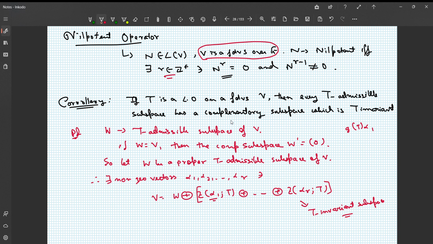Therefore, it's obviously T invariant, and here we have a direct sum. So this can be considered as the T invariant complement.